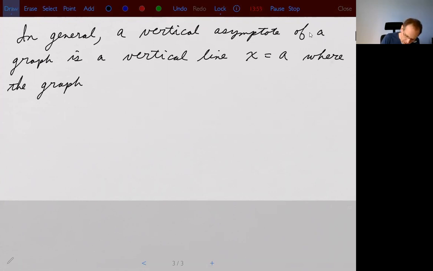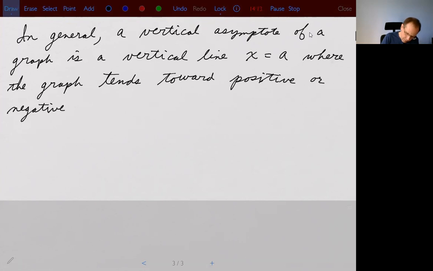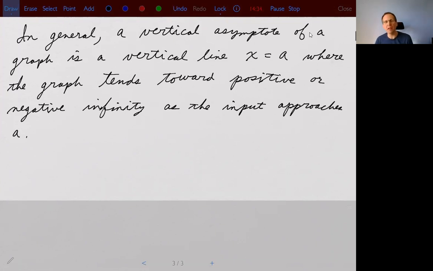So if that happens, as you get closer and closer to a, if the graph blows up towards positive infinity, or it gets really, really small and goes towards negative infinity, then you have a vertical asymptote. And the equation of that vertical line is x equals a.